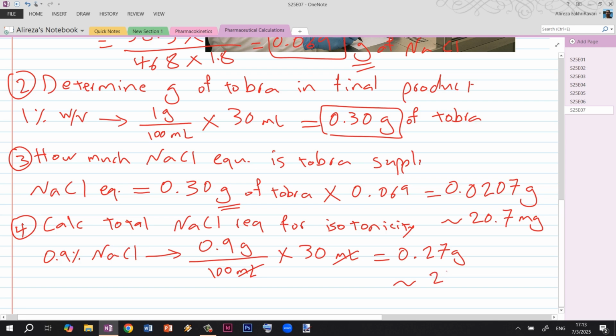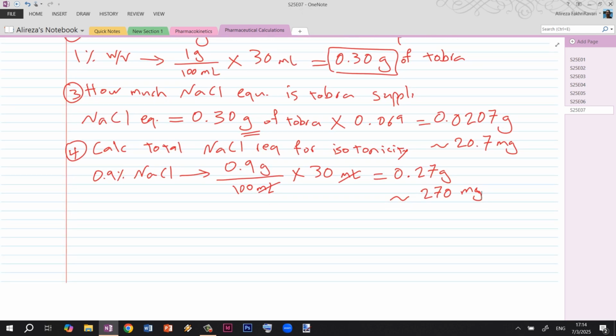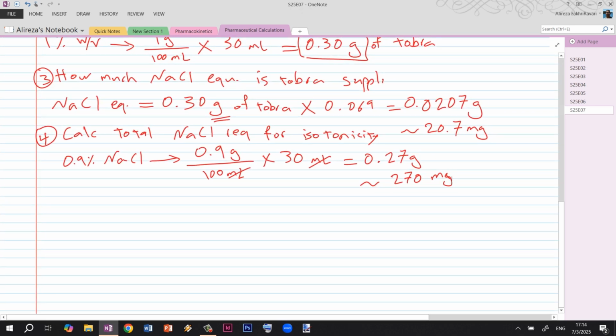So this will be 270 milligrams. So you're supposed to have 270 milligrams of total sodium chloride equivalent in your final 30 ml to keep it isotonic. Then you subtract how much tobramycin is contributing to this 270, and then the remaining will be how much sodium chloride you add.